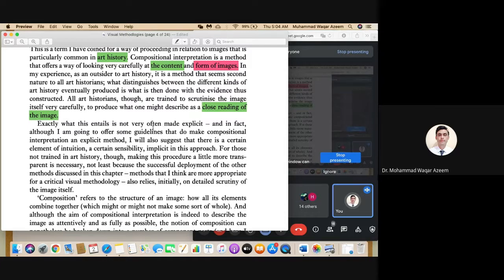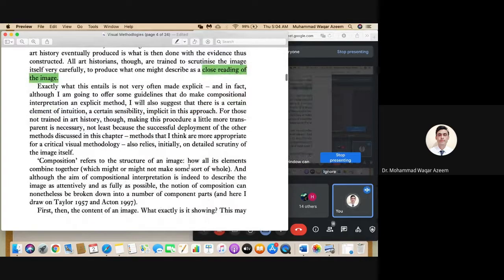Exactly what this entails is not very often made explicit, and in fact, although I'm going to offer some guidelines that do make composition interpretation an explicit method, I will also suggest that there is a certain element of intuition, a certain sensibility implicit in this approach.